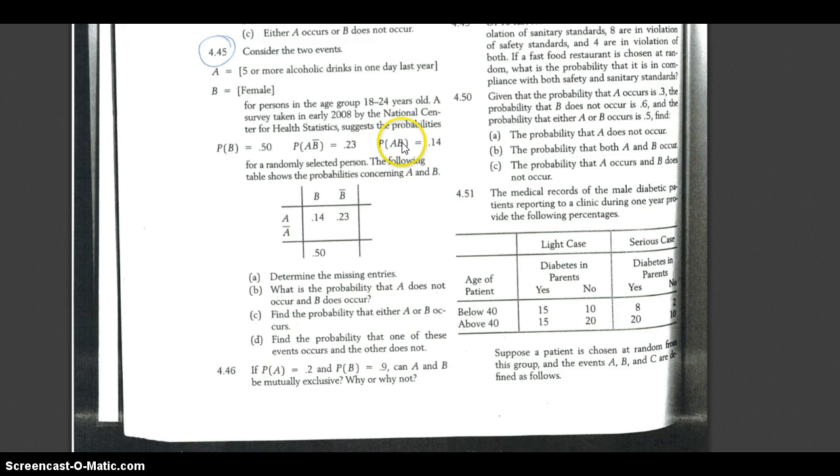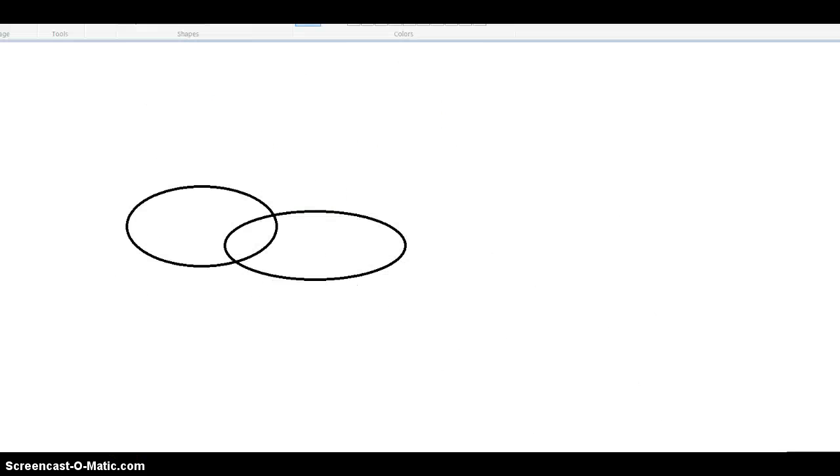P of A and B is the intersection, so I'm going to put 0.14 in the middle. The left side circle, I'm going to name it A. The right side circle, name it B.